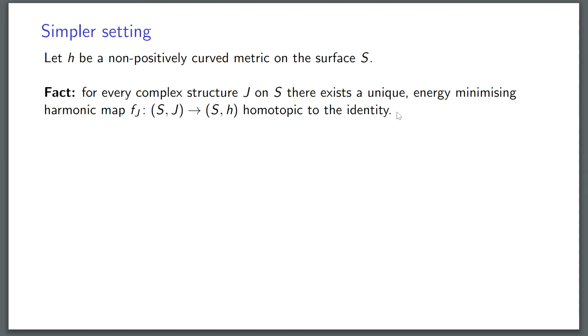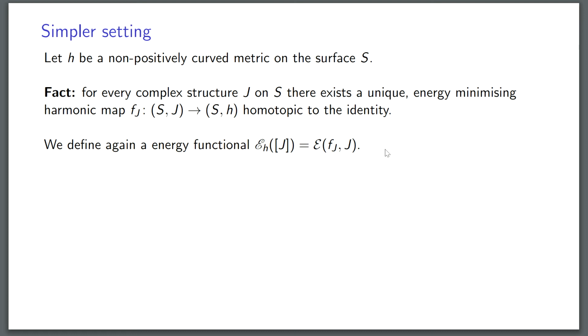And armed with this fact, we can define an energy functional in precisely the same way that we did in the first part of this talk. So we consider again the energy functional of this non-positively curved metric, which is a functional on Teichmüller space, which assigns to each equivalence class of complex structures simply the energy of the corresponding harmonic map.